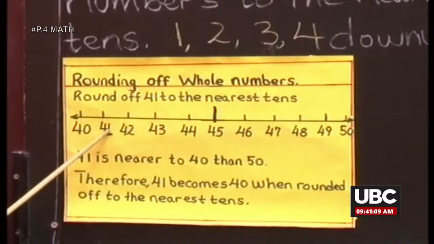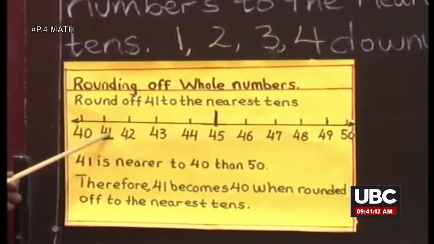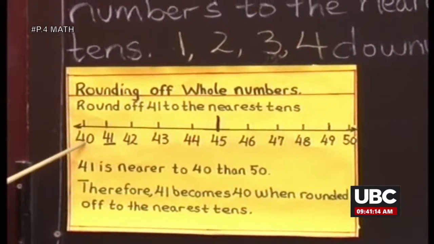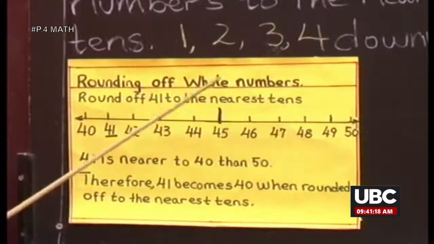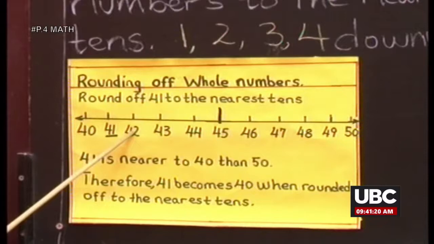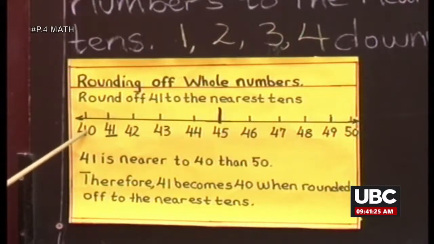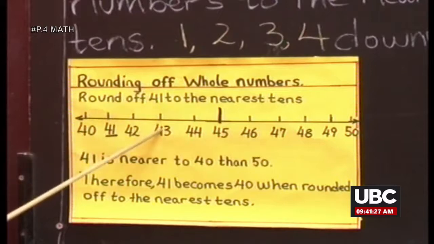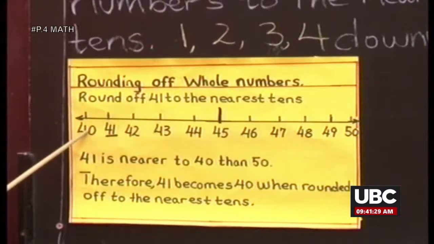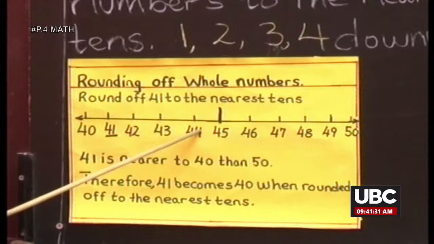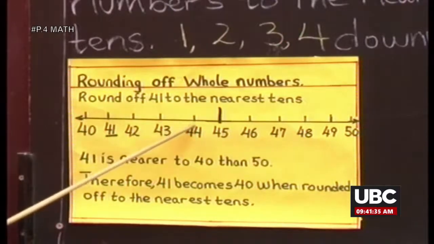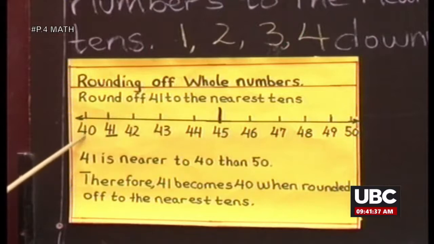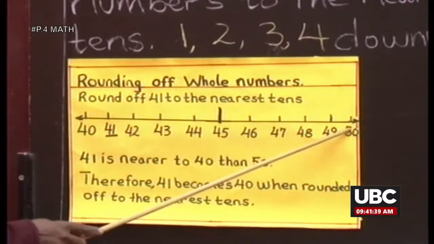So now 41 rounded off to the nearest tens is 40. Why? Because it is nearer to 40 than 50. 42 rounded off to the nearest tens is 40. 43 rounded off to the nearest tens is 40. And 44 rounded off to the nearest tens is 40, because it is nearer to 40 than 50.